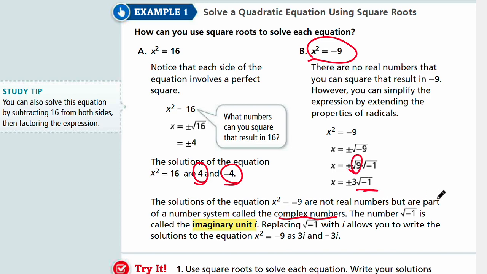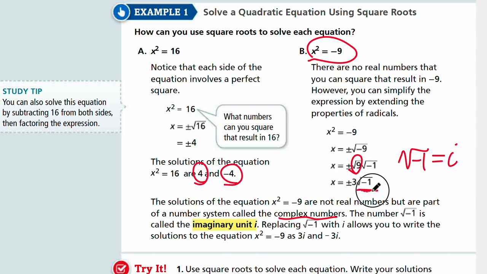We're going to say the square root of -1 is not possible, but we're going to call it an imaginary unit i. Okay, so the square root of -1 is equal to i. Replacing this with i will allow you to write the solutions to the equation x squared equals -9 as 3i and -3i, right?